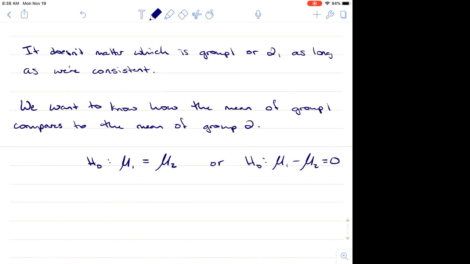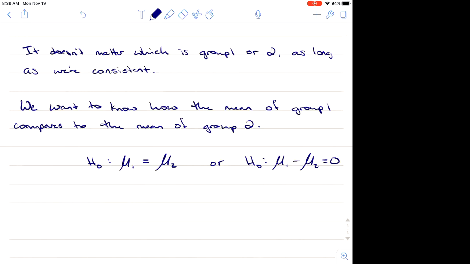You'll notice on the formula sheet that I have it this way. I write a little bit less, I guess. I also find that it's easier to think in terms of mu1 is equal to mu2, or mu1 is less than mu2, mu1 is greater than mu2. So I just like to have the two of them to compare instead of how does the difference in the means compare to 0.